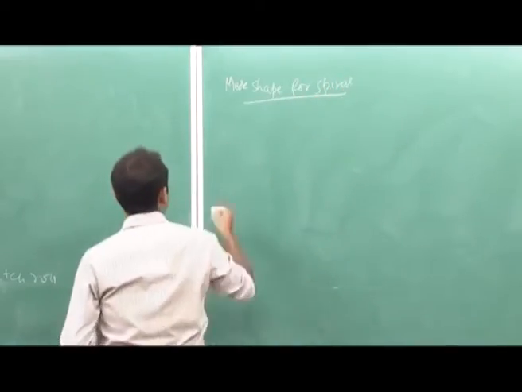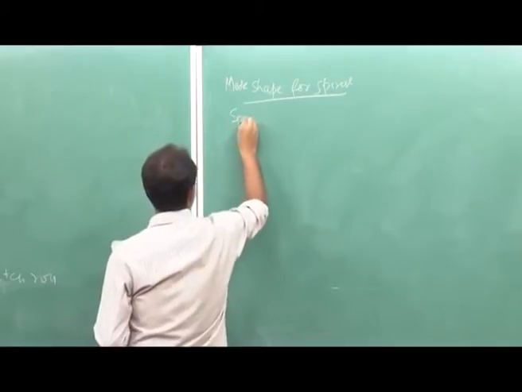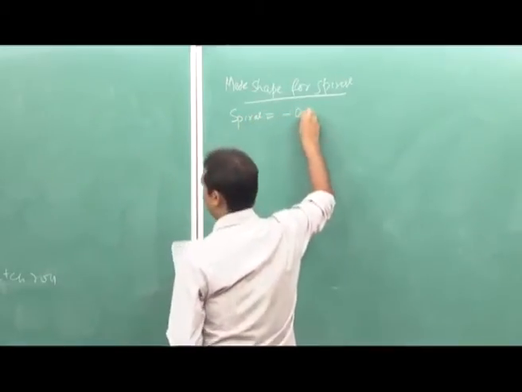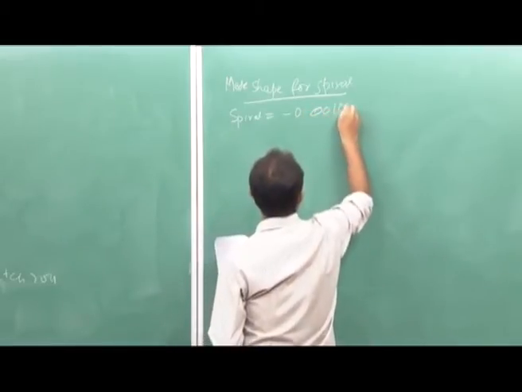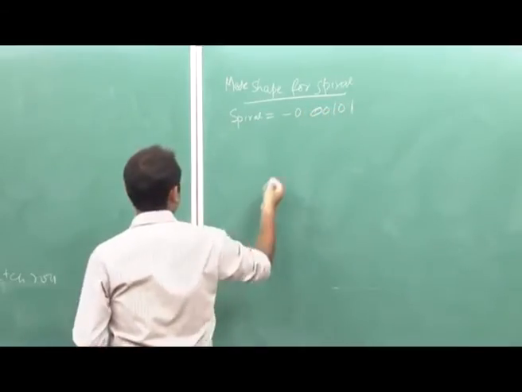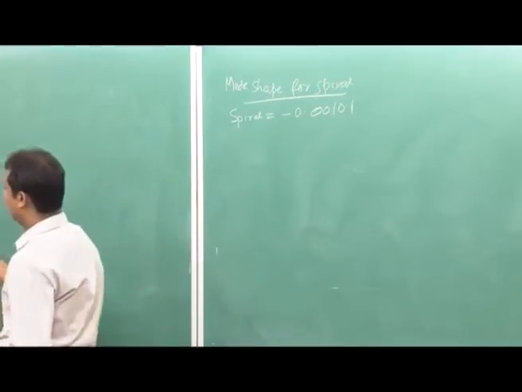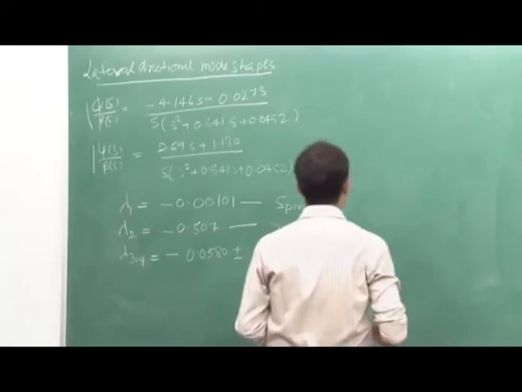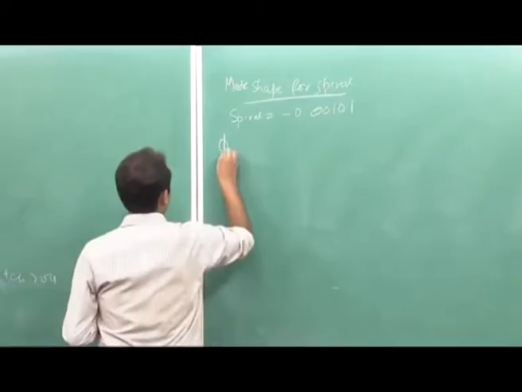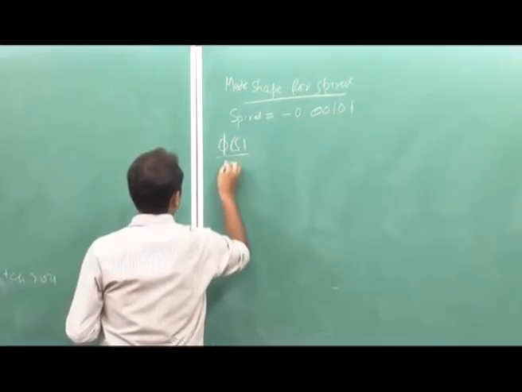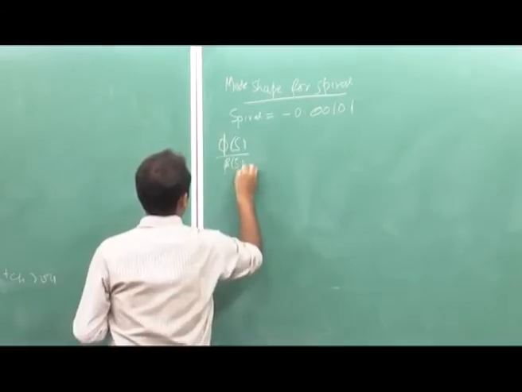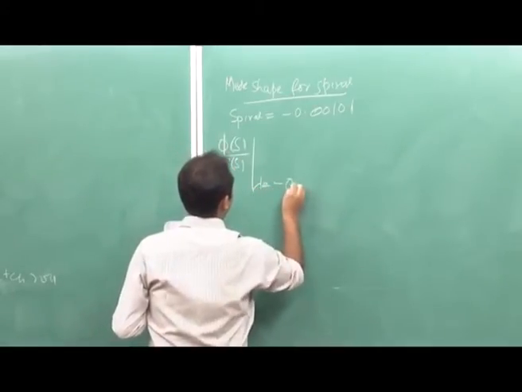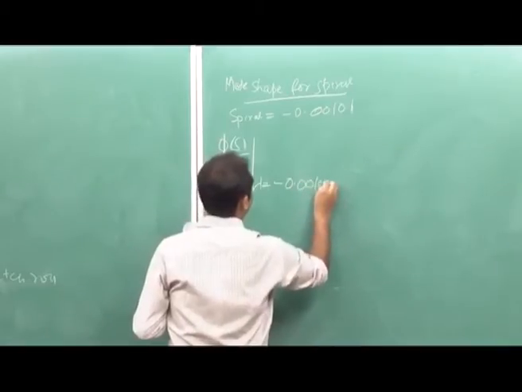The root of the spiral mode was -0.00101. Substituting this value in your ratios of phi(s) upon beta(s) and psi(s) upon beta(s) will give phi(s) upon beta(s) at lambda equals -0.00101.